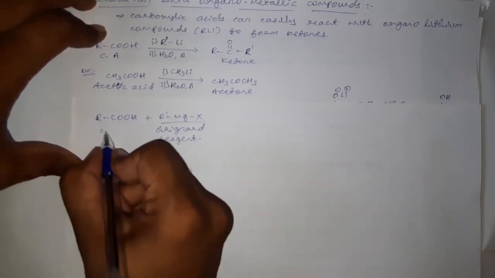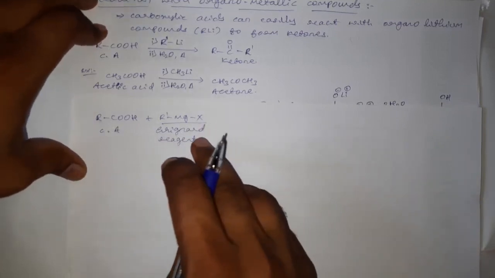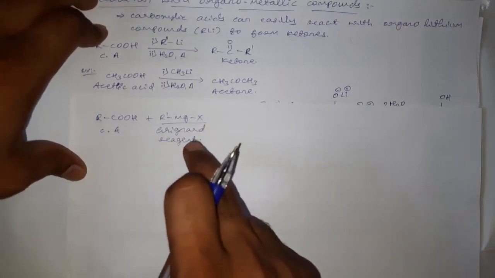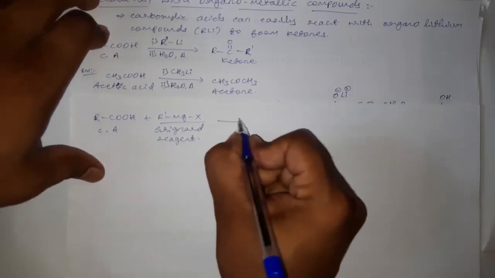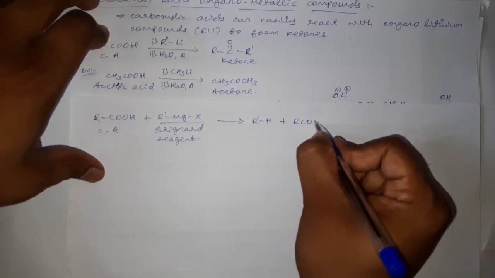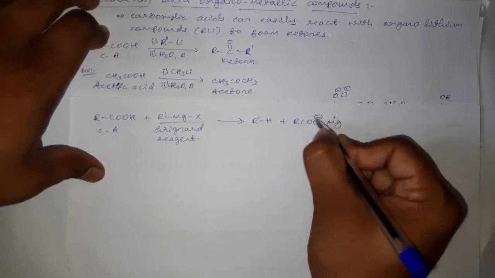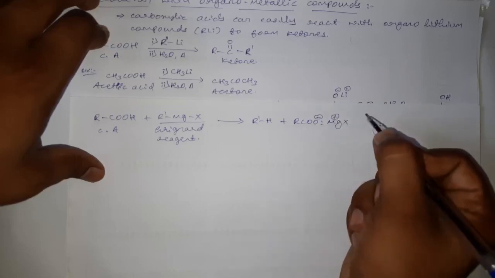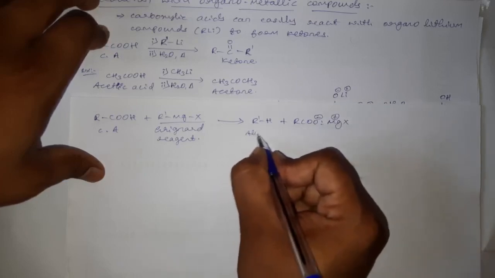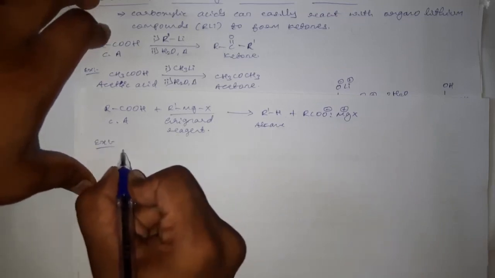These carboxylic acids can also react with the other forms of organometallic compounds. Those are Grignard reagents. And here we will get an alkane plus RCOO minus Mg plus X. Okay, this is an alkane.